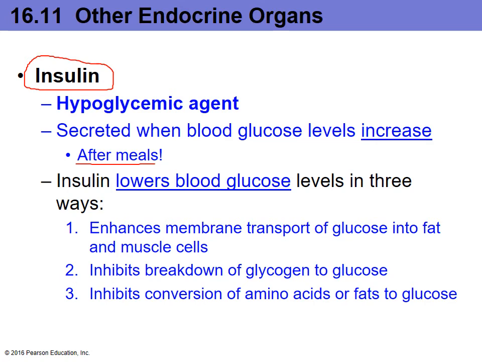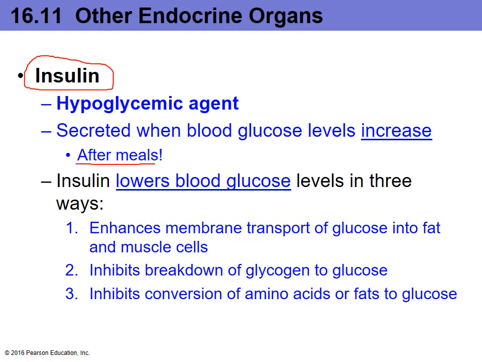As you can see at the bottom of the slide, it talks about the fact that we can do this three ways. It enhances the membrane transport of glucose into fat and muscle cells. It inhibits the breakdown of glycogen to glucose. We already have enough glucose, so why would we break more glycogen down? And it also will inhibit the conversion of amino acids or fats to glucose.